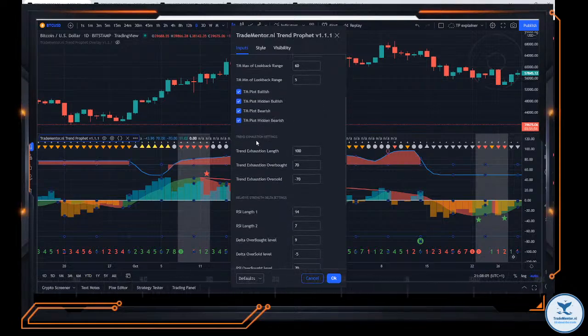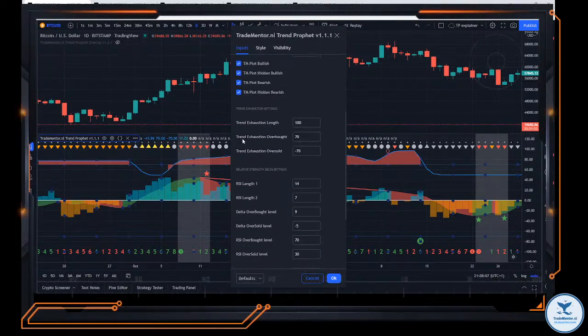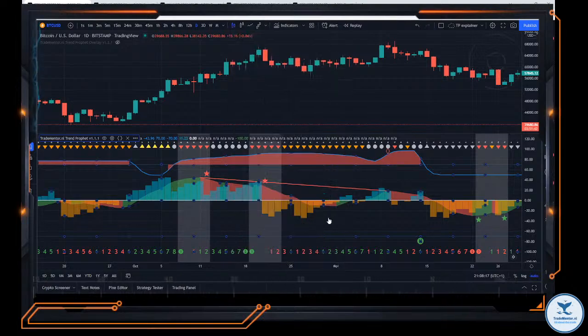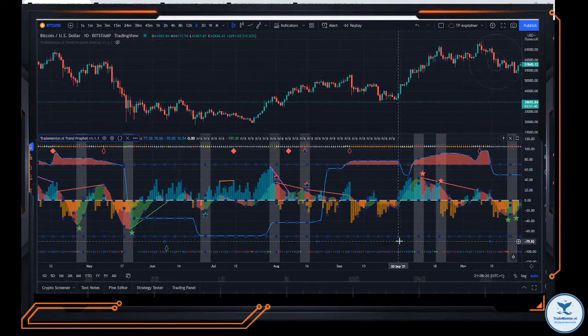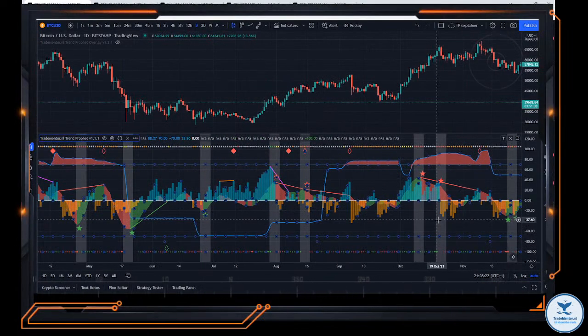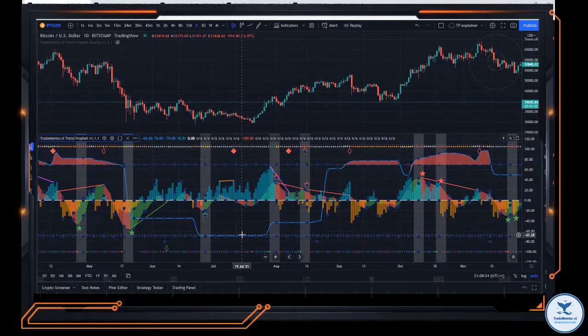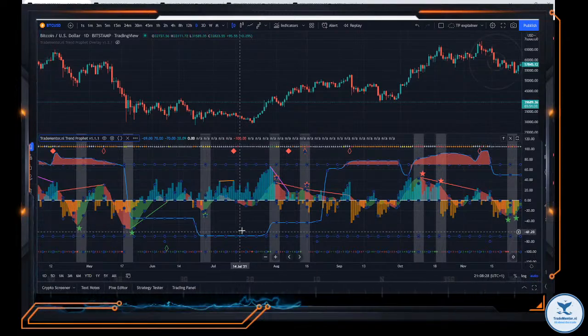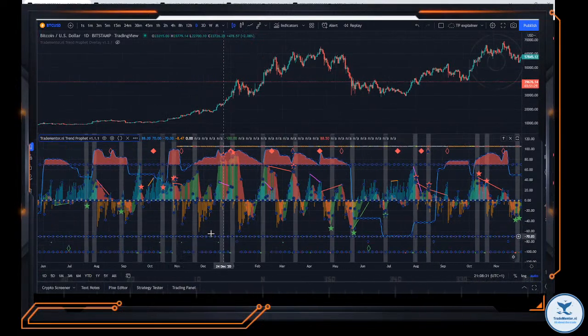Trend exhaustion settings. Most important is, depending on your asset and time frame, what is the right level of overbought and oversold. You just watch an asset's history, and in a very bullish asset, you might never drop below like 60 at all when it's just trending upwards and upwards.